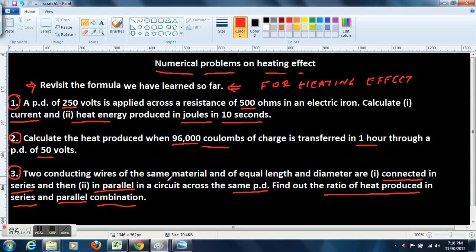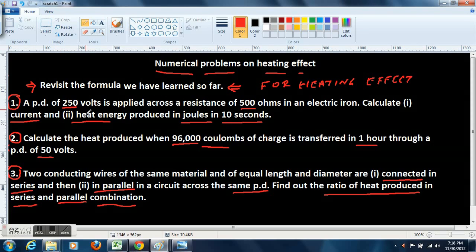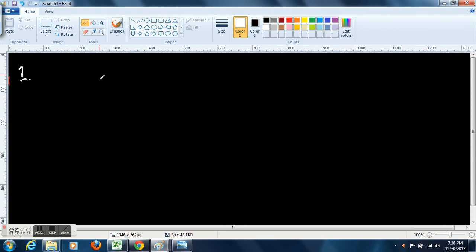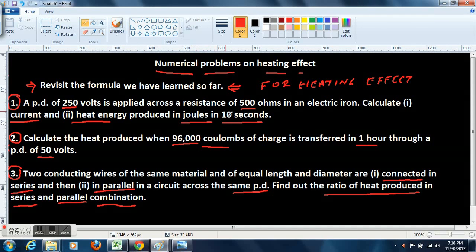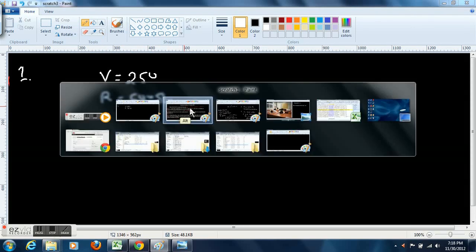And now I will show you how to solve numerical problem number 1. Here we know the potential difference, that is V, which is equal to 250 volts. We also know the resistance, which is equal to 500 ohms.